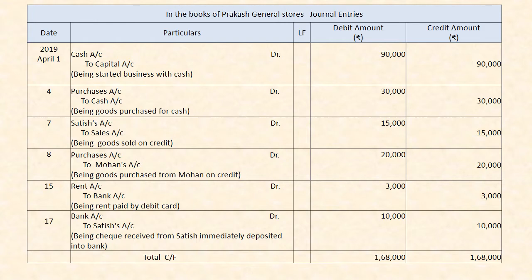Write the heading in the books of Prakash General Stores, because we are going to record transactions of Prakash General Stores. On the second line, write journal entries.